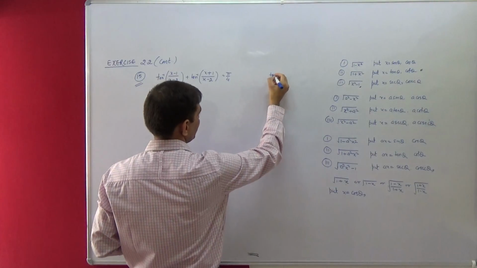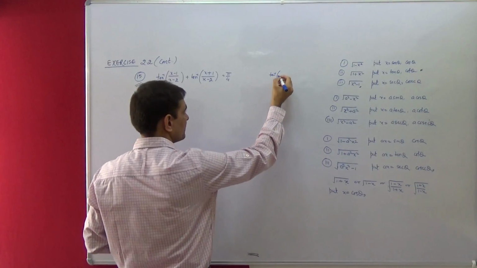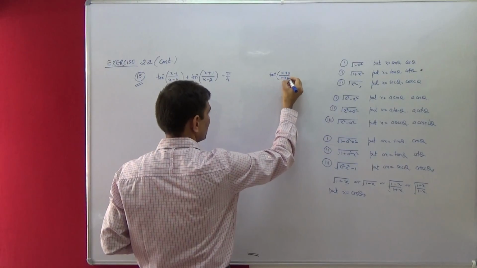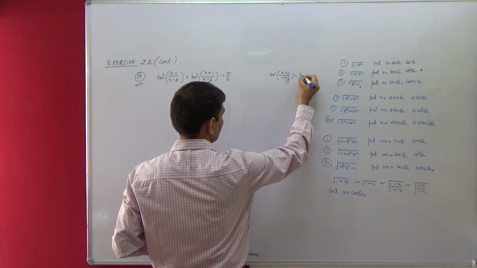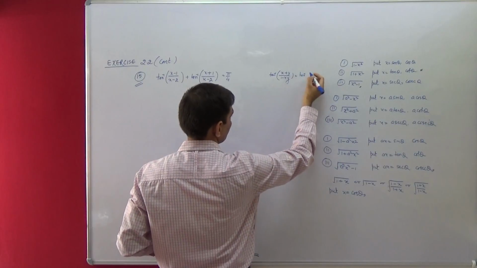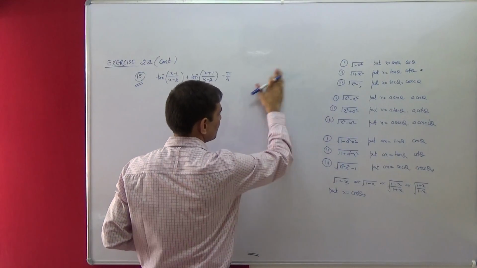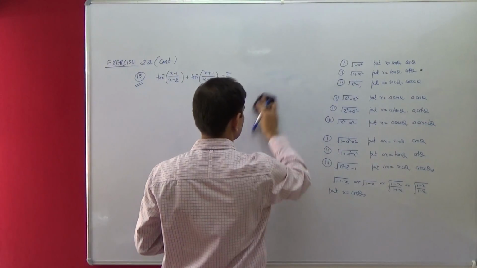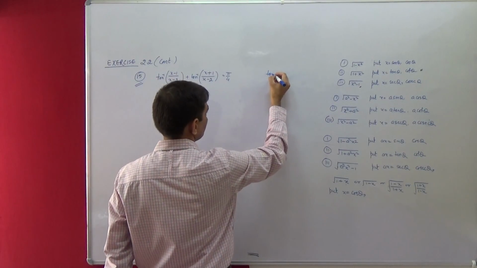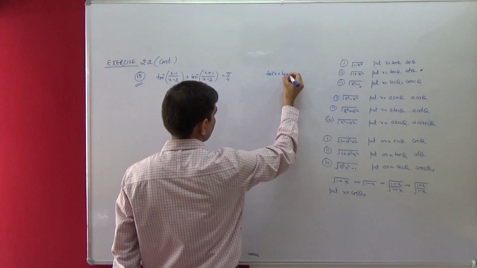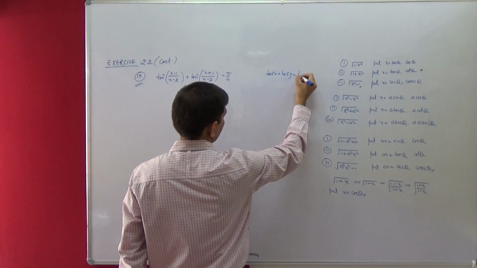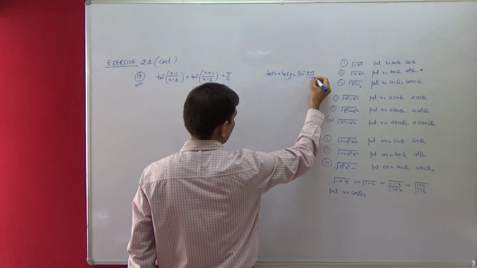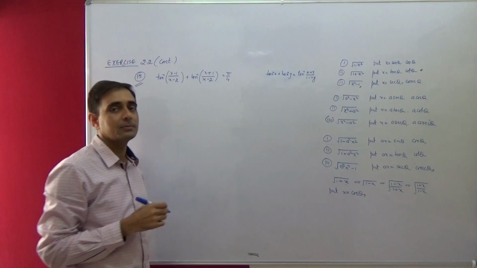So we will apply this identity: tangent inverse x plus tangent inverse y is equal to tangent inverse of (x plus y) upon (1 minus xy).